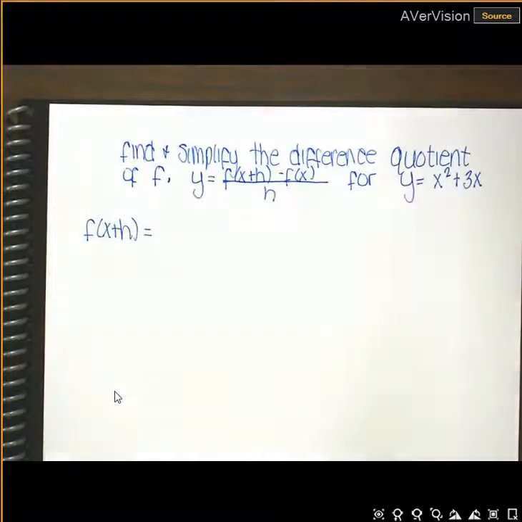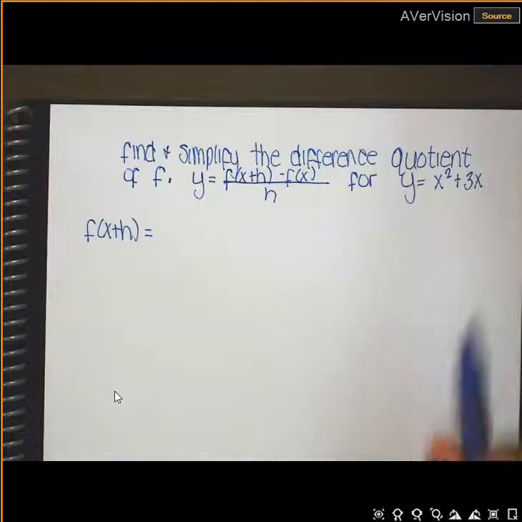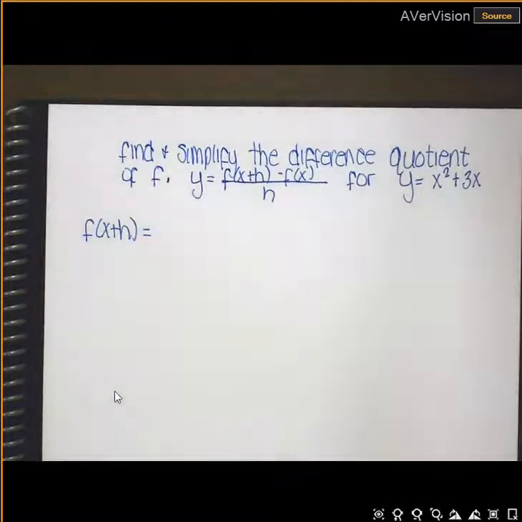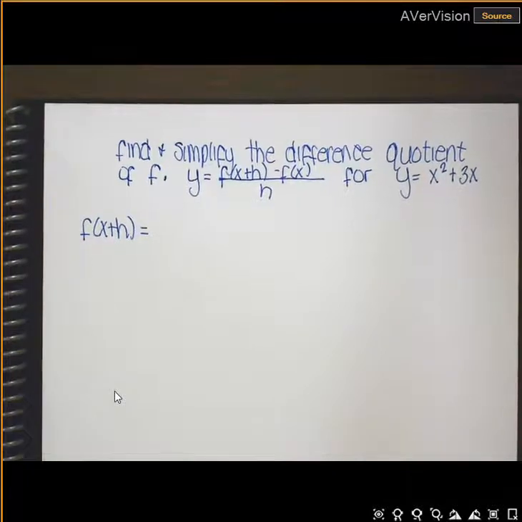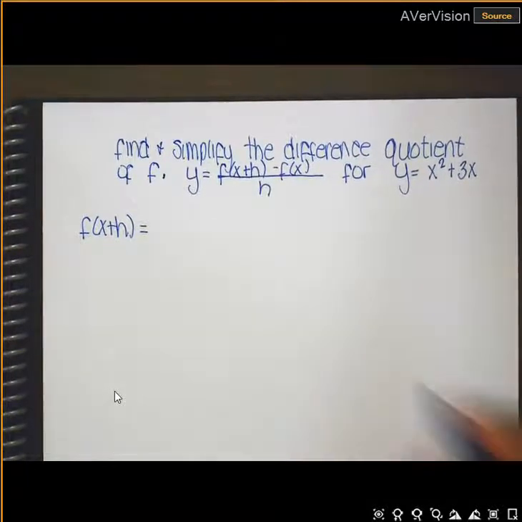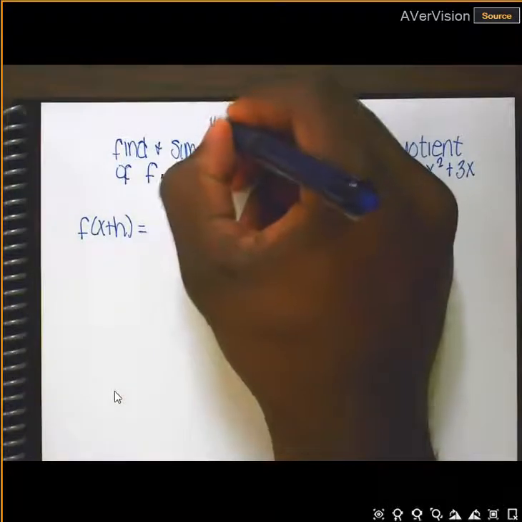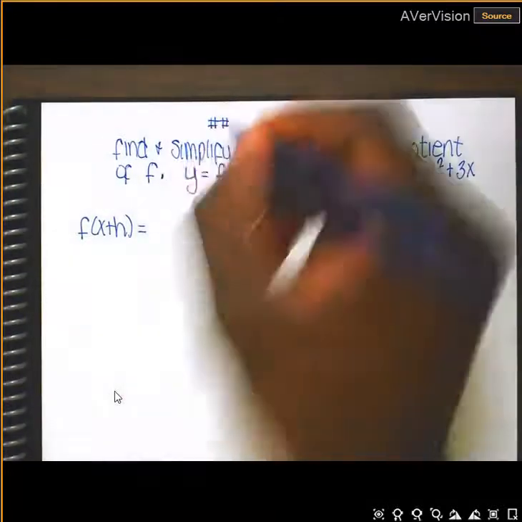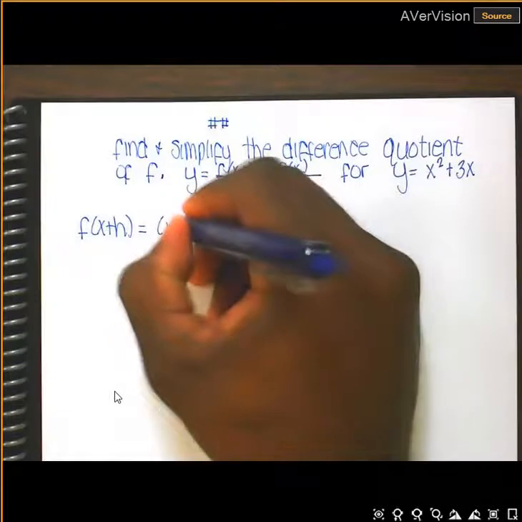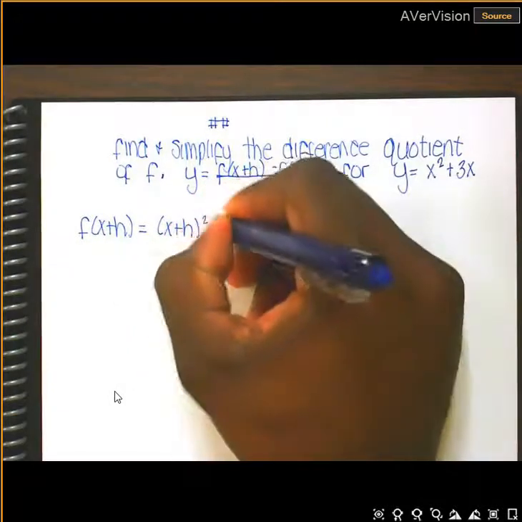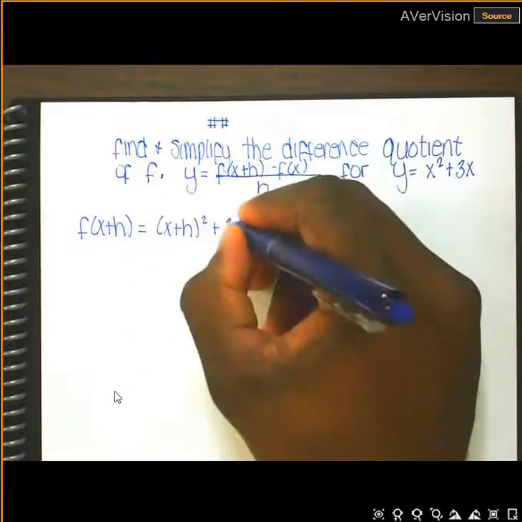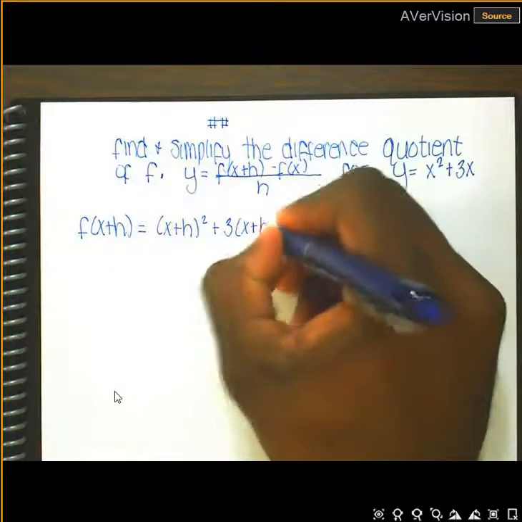Remember, that just means we take x plus h and place it wherever we see an x. So what would this one be? Exactly.